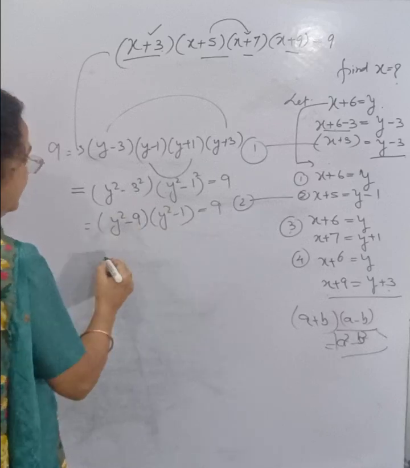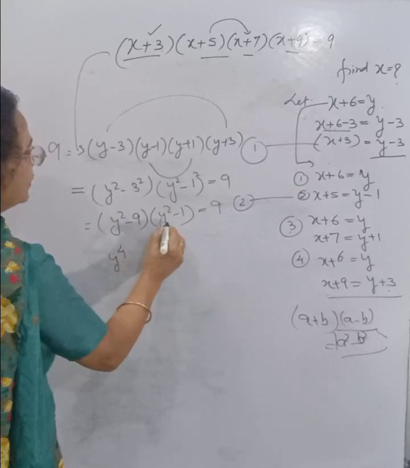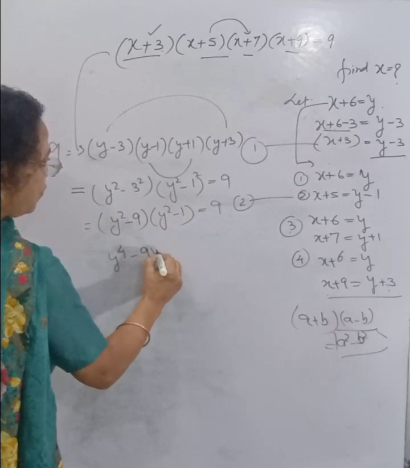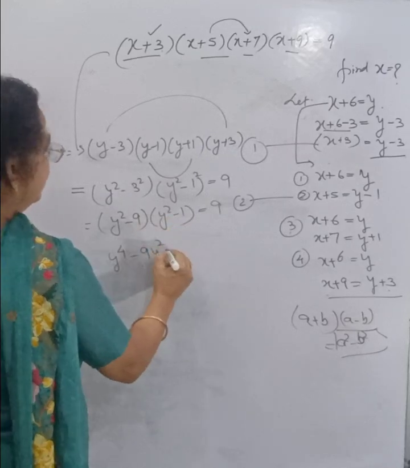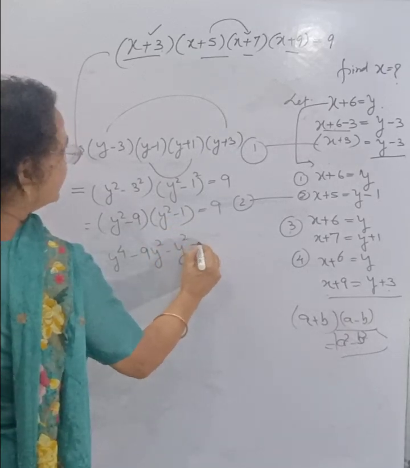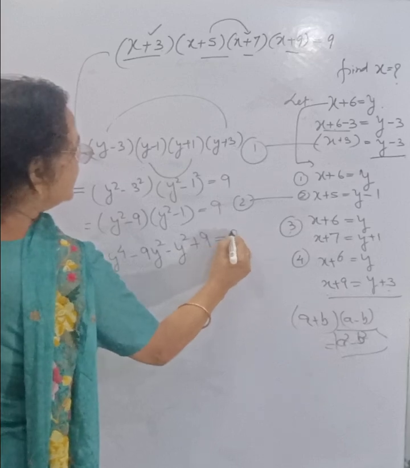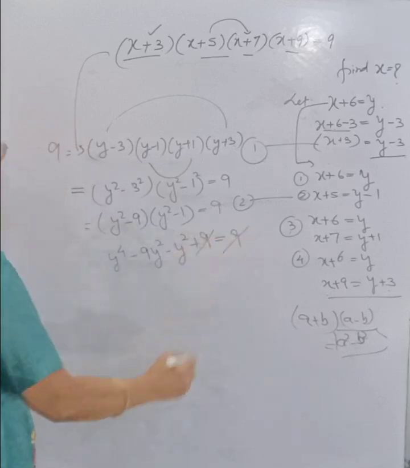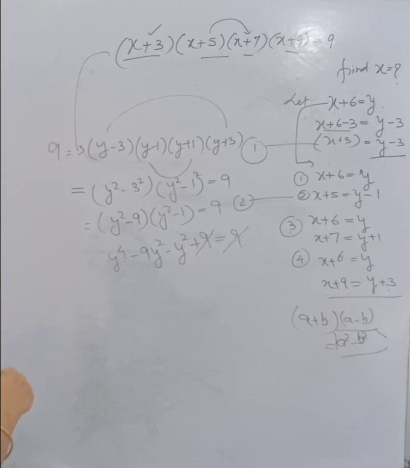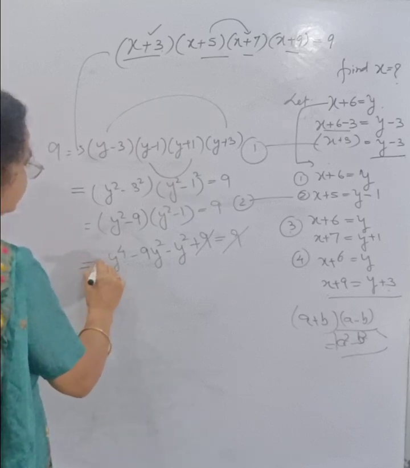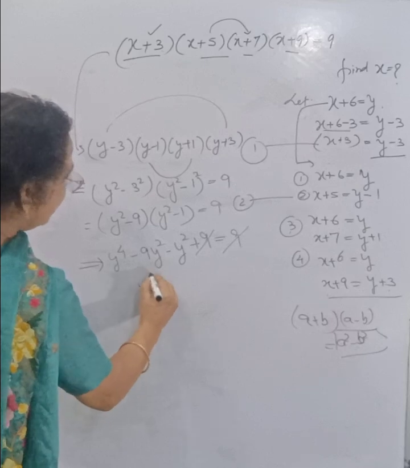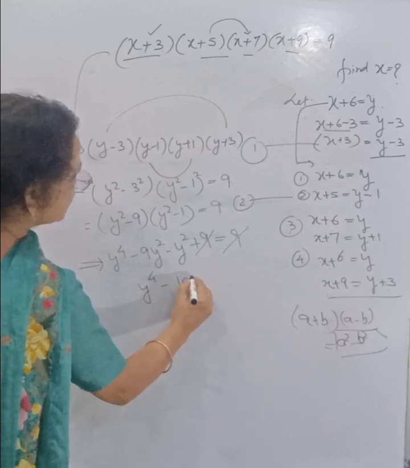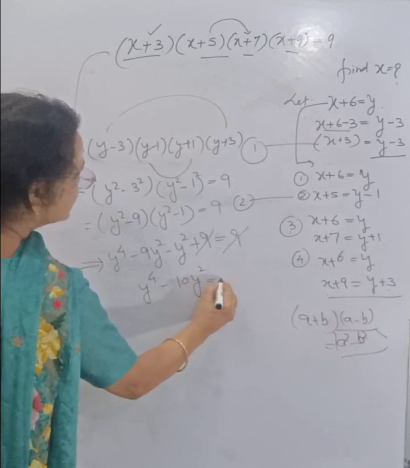Open it. y to the power 4 minus 9y square minus y square plus 9 is equal to 9. This 9 gets cancelled. Hence we will get here simply y to the power 4 minus 10y square is equal to 0.